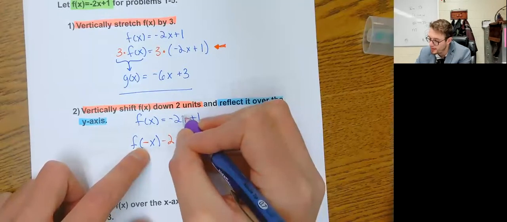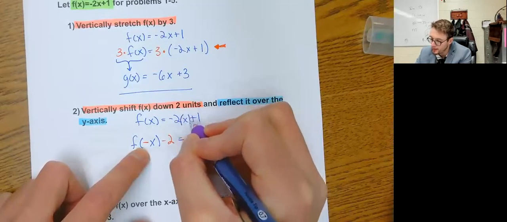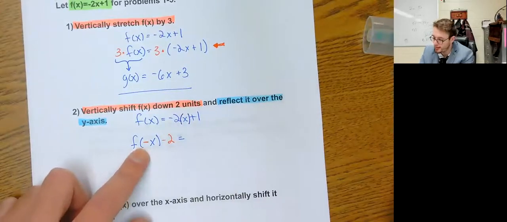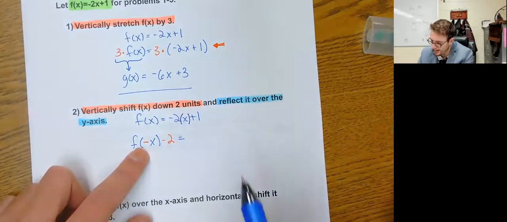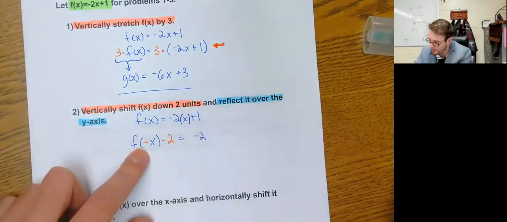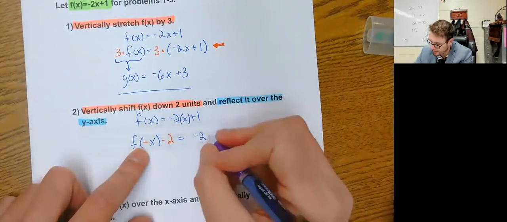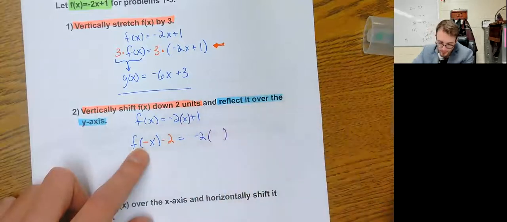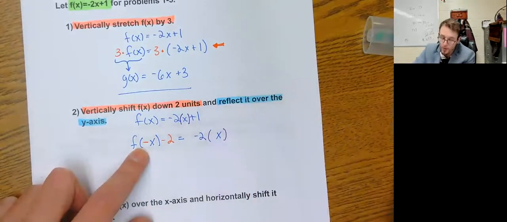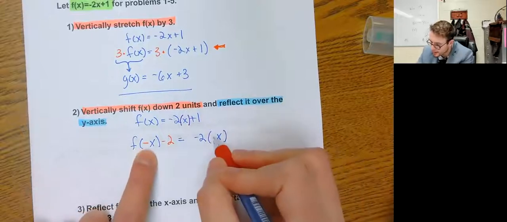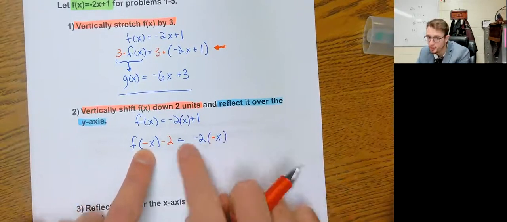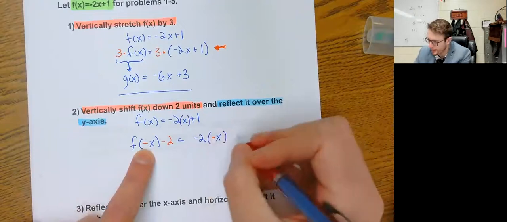What we want to do is create parentheses around the input so that when I have negative 2 parentheses x, I can multiply it just like I did here by the negative, because I'm multiplying just the input, not the whole function, just the input, and then plus 1.